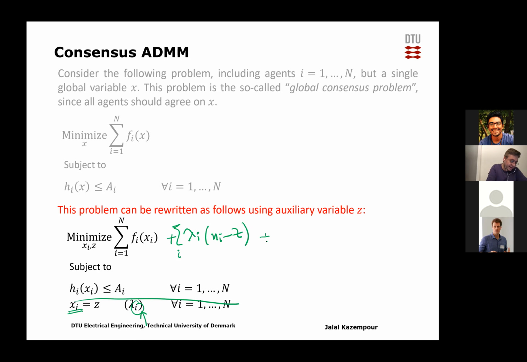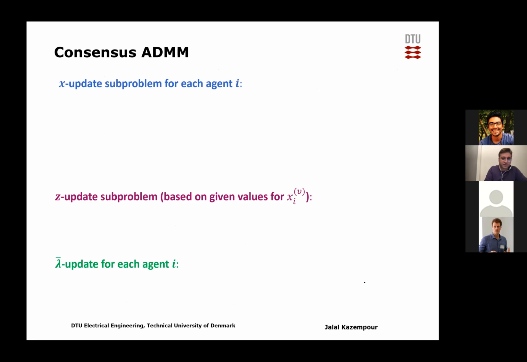Then we can also add the penalty term, which is, for all i, xi minus z squared, right? And lambda is a dual variable that we are going to fix. So if we do this, like always, we use the ADMM process.